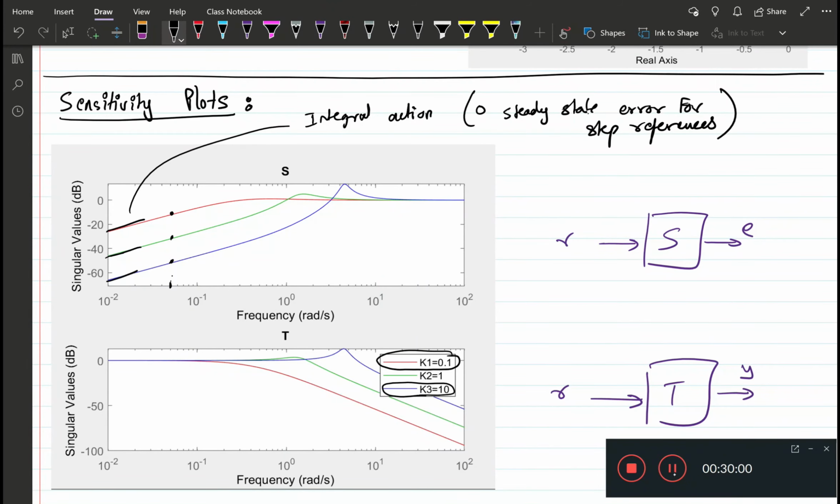Typically at high frequencies we have the noise. So let's also bring in the noise here.